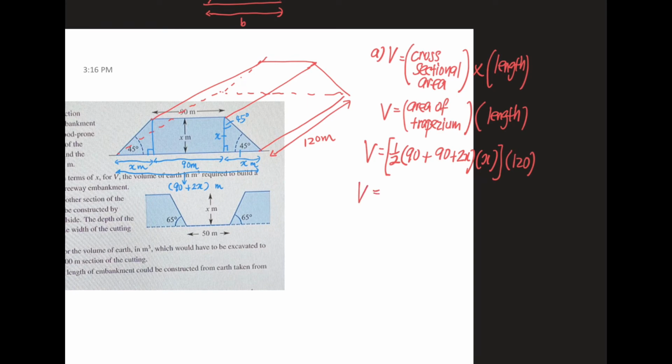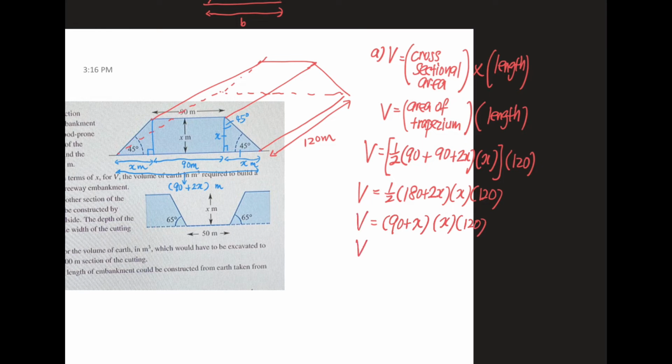Okay, so let's simplify this first. I'm going to add up the 90 with the 90 to get 180. 180 plus 2x times x again times 120. Okay, so I'm going to multiply half with this and this. So the 180 will become 90. The 2x will become x, then 120.